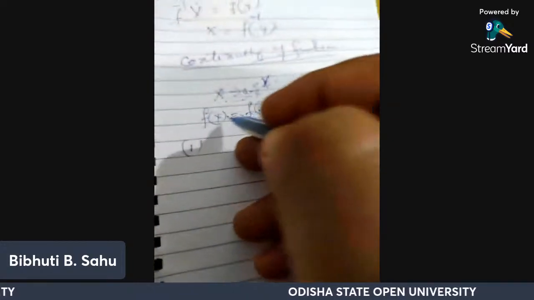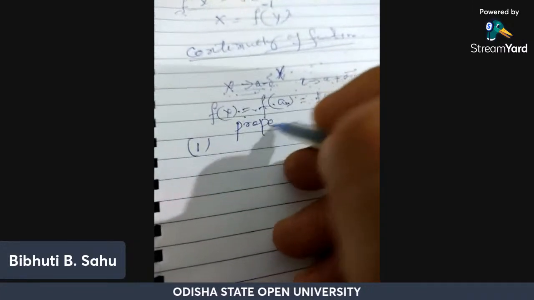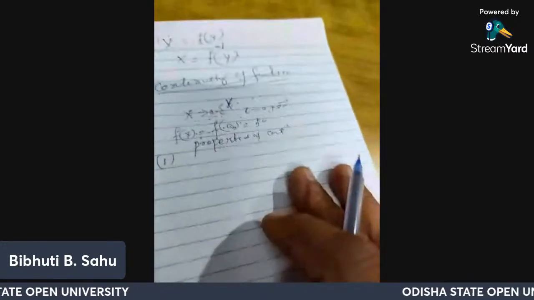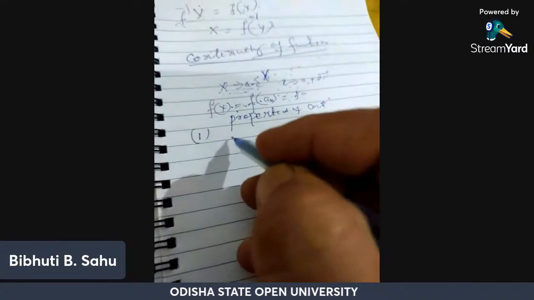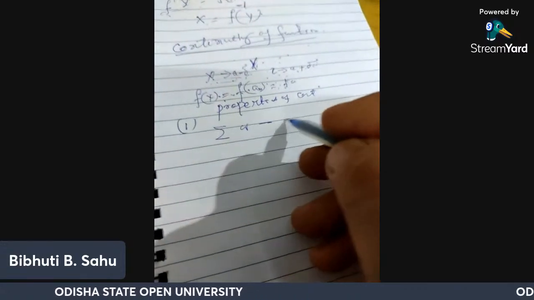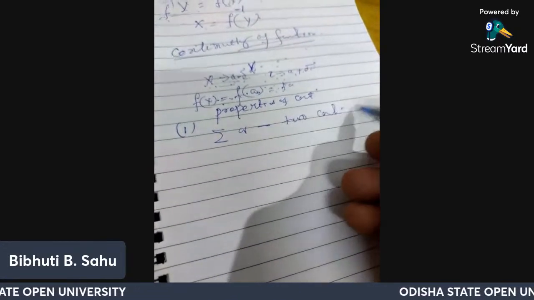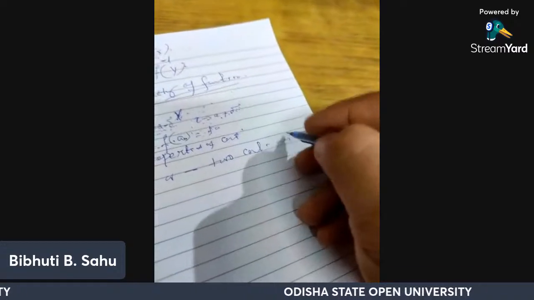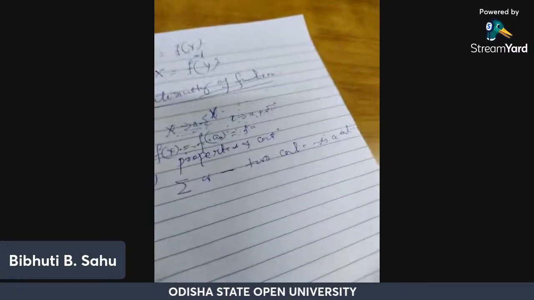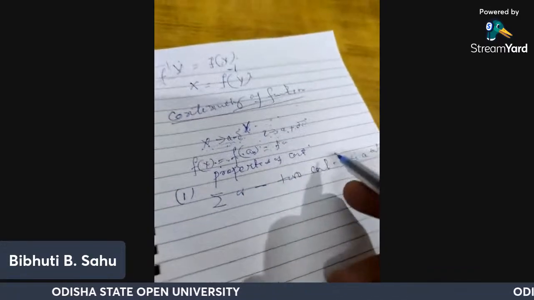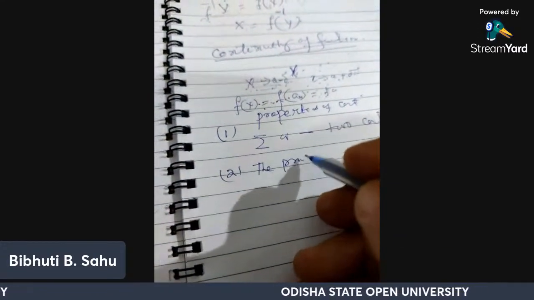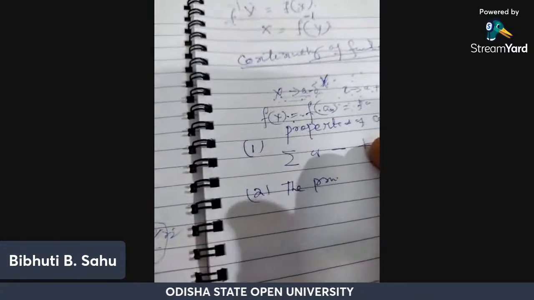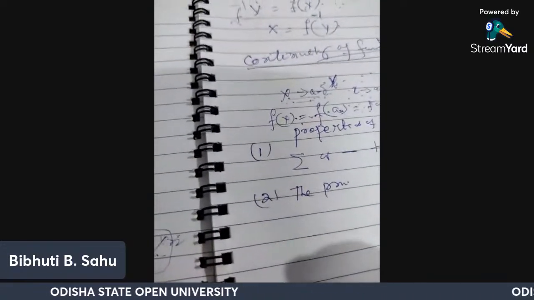The product of two continuous functions is also a continuous function.